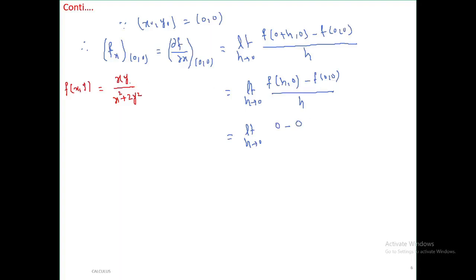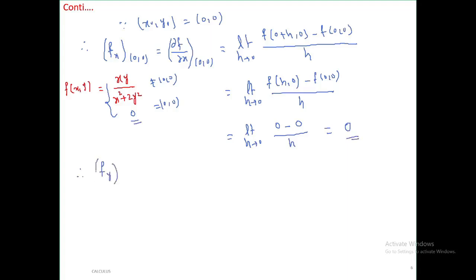I am not substituting x is 0, y is 0; it is not like that. The function is defined as this if x comma y is not equal to 0, and if it is equal to the origin, the function value is 0. That's what I am substituting here, 0. Divided by h. Now 0 by h is 0. Therefore, it existed. Similarly, same thing for fy.